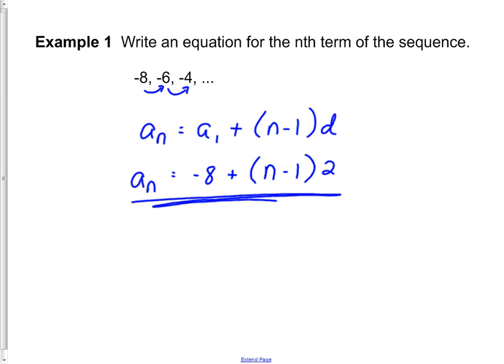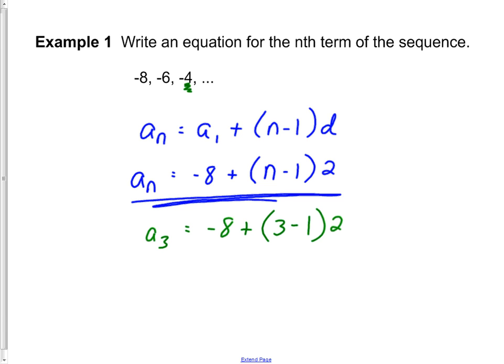Now let's just go through and show you how this works. Let's say that I wanted to find the third term of the sequence. Well, I know the third term is going to be negative 4. So what do I want to find? A sub 3, the third term of the sequence. Negative 8 plus n, how many terms are there in the sequence? 3 minus 1 times the 2, which is your common difference.